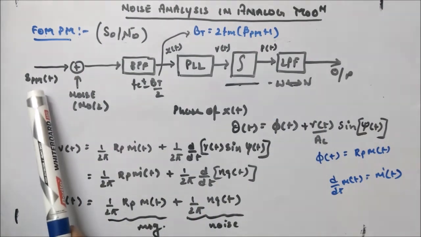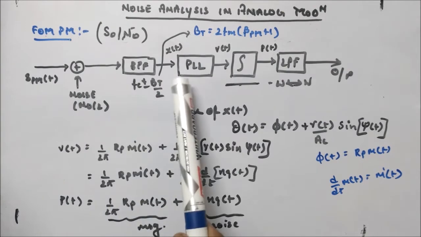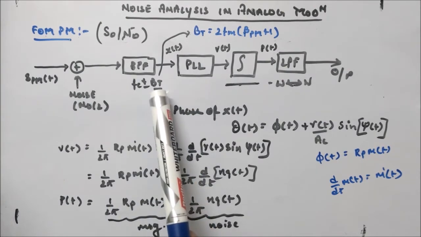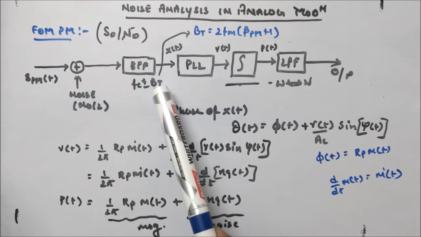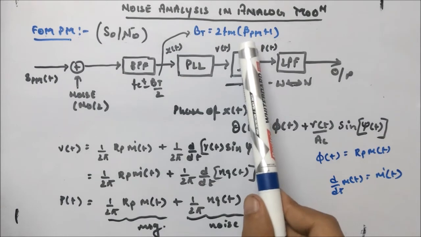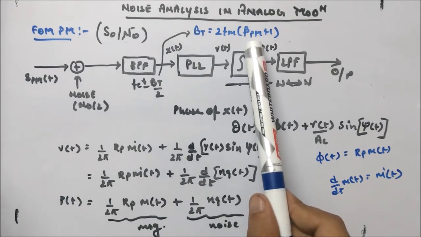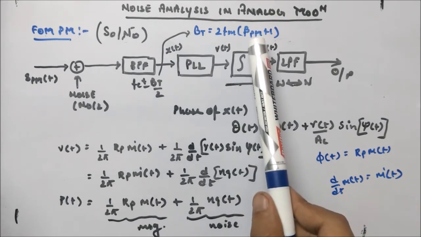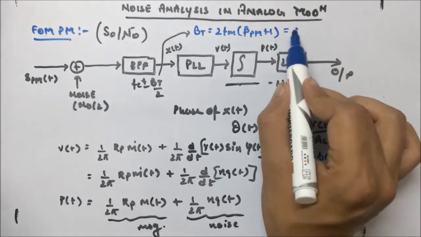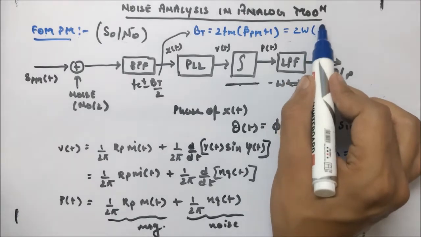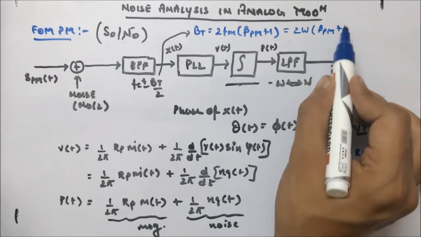The signal will be PM, and the noise will be N0 by 2. Here n(t), the narrow band noise, will be there. Then this BT is changed. It is obtained from Carson's rule only, but here the beta will be changed. Beta for PM, BT is equal to 2W(beta PM plus 1).